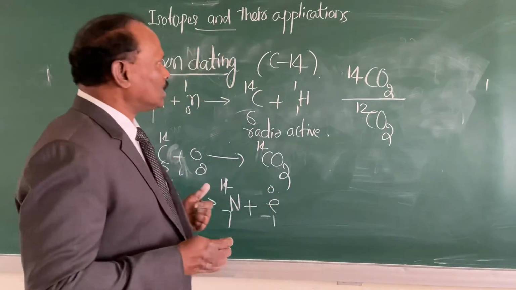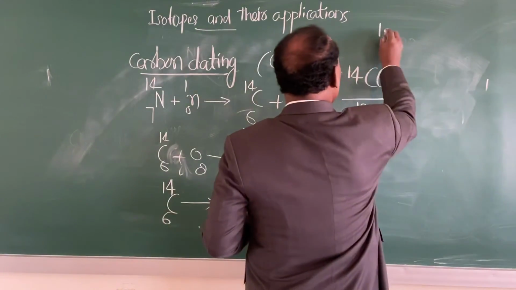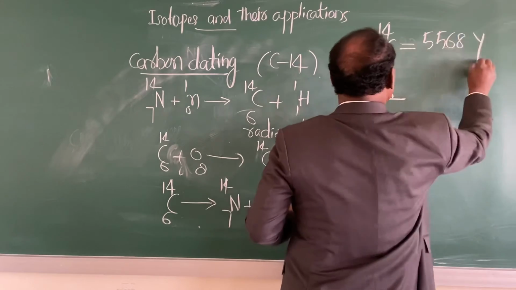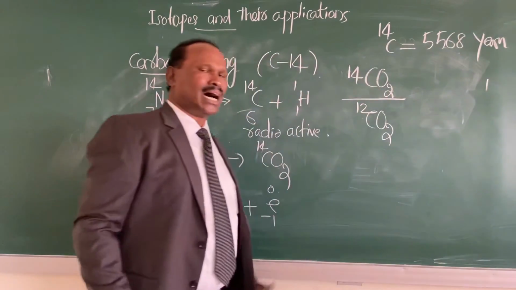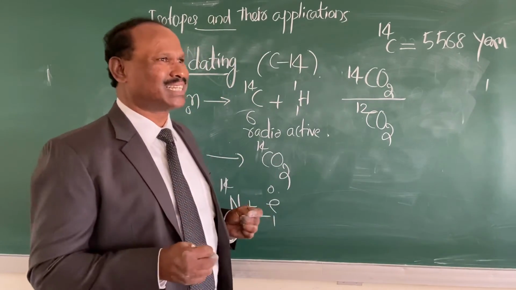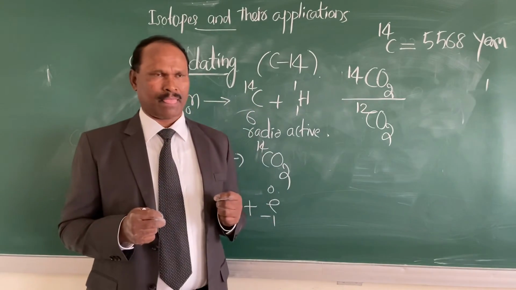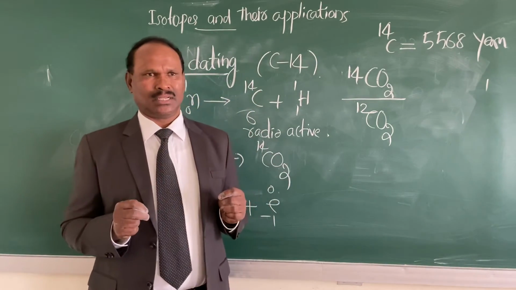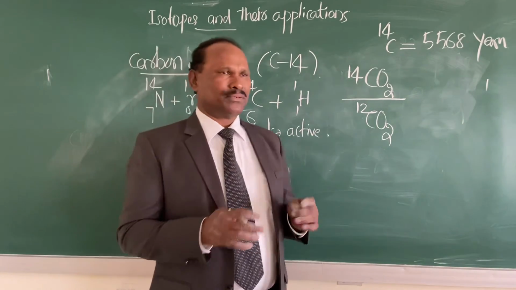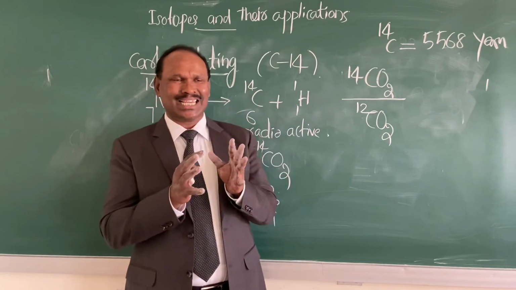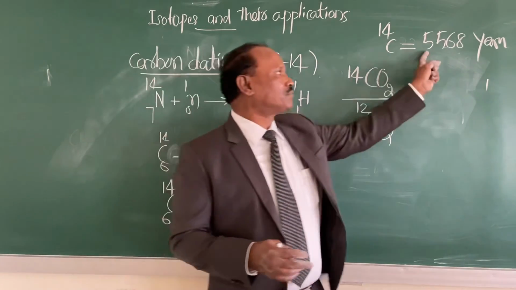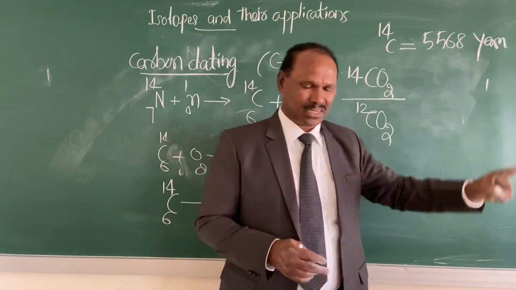Now, the half-life period of carbon-14 is 5,568 years. What does it mean? If 100 grams of C-14 was there initially in that dead plant, that will become 50 grams after 5,568 years.